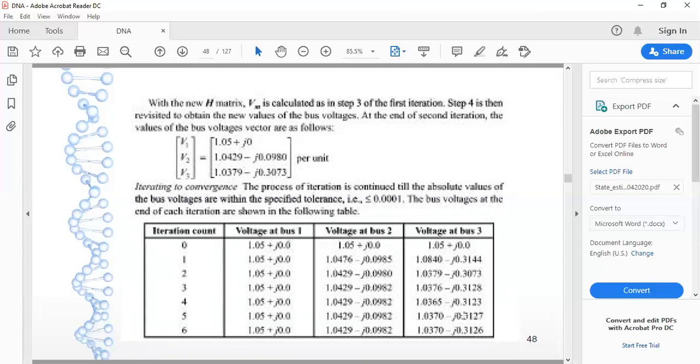Over here, normally the tolerance limit is taken as 10 raised to minus 4. So always keep this in mind. In state estimation, the tolerance limit is mostly taken as 10 raised to minus 4, and after the third iteration, whatever results you get will be almost equal to each other. So up to the third iteration, mostly you will get the value which is equal to the true value.